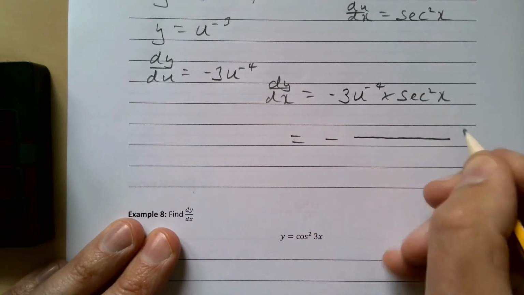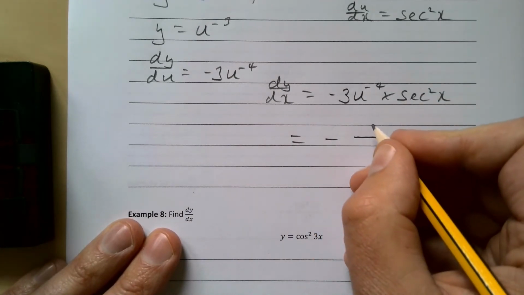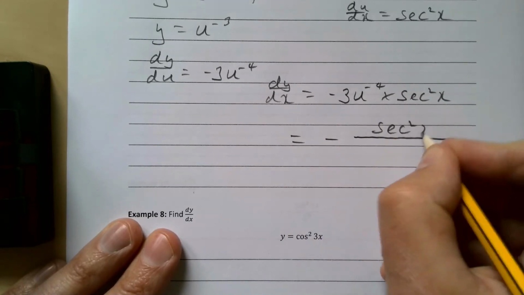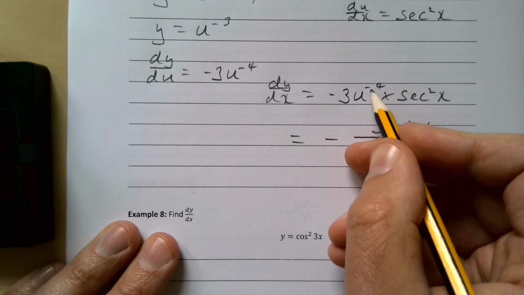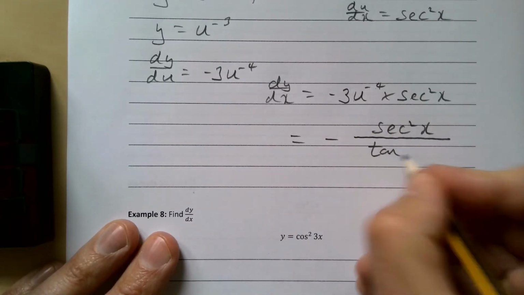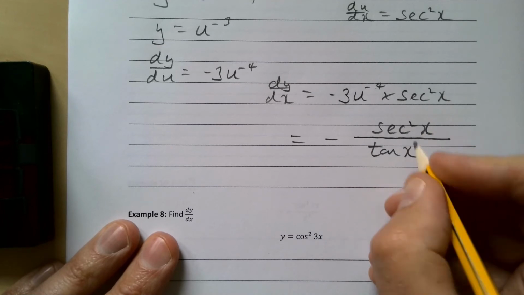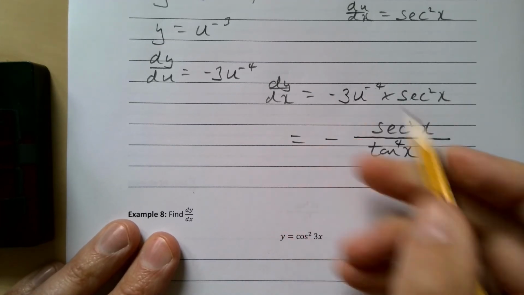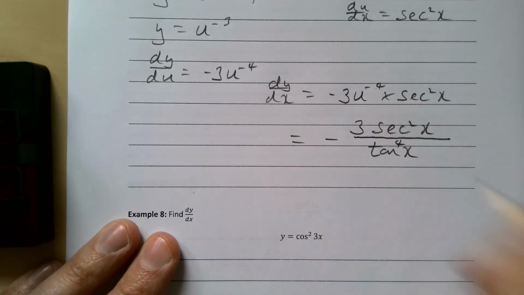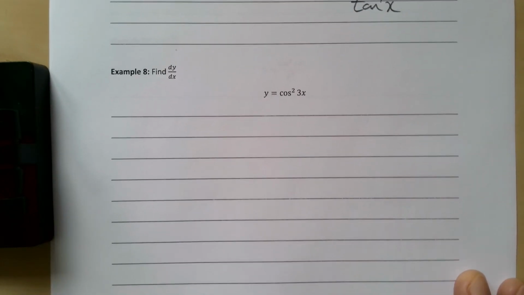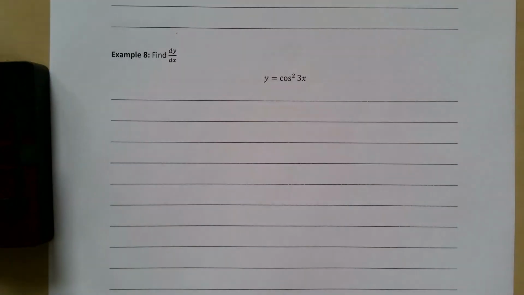We're actually going to have a quotient here. So that's going to be sec squared x, and then with u to the minus 4, so u is of course tan x, so tan x to the power of 4 is going to go on the bottom, but the 3 of course isn't to the power of minus 4, so it's going to stay on the top like that. Slightly confusing there with just a wee bit of algebra. I hope you can follow then what's going on.